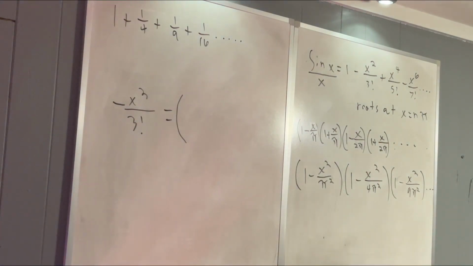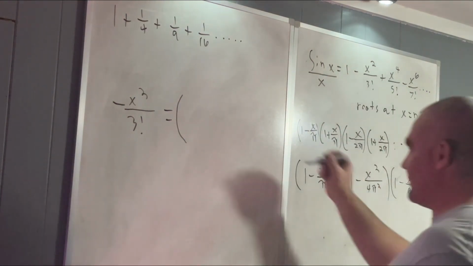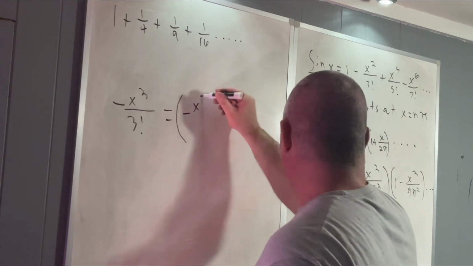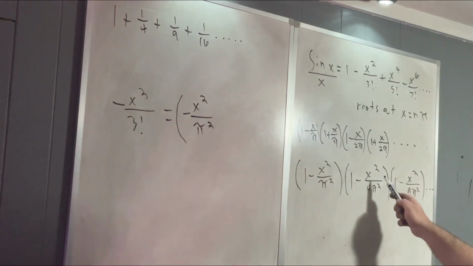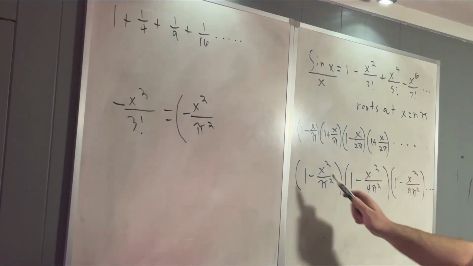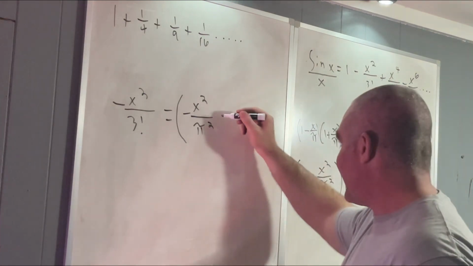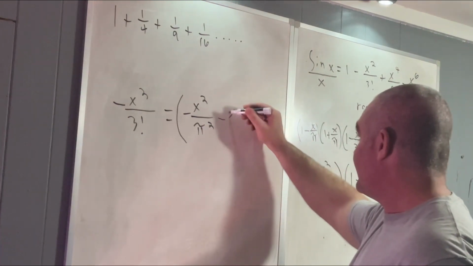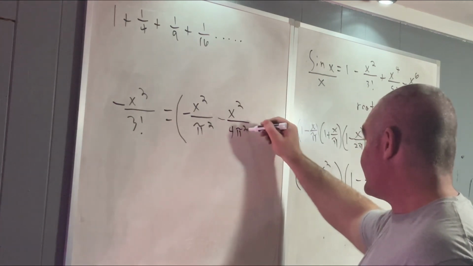In other words, the x squared terms in this are going to equal, let's see, this times this times this times this is going to be negative x squared over pi squared. Another x squared term, we could get by multiplying this times this times this times this times this. In other words, minus x squared over 4 pi squared.